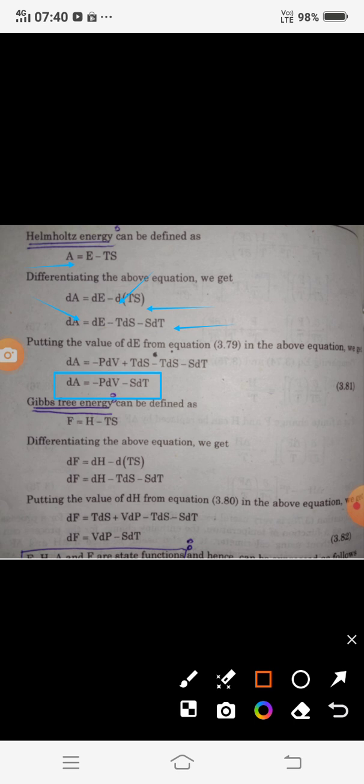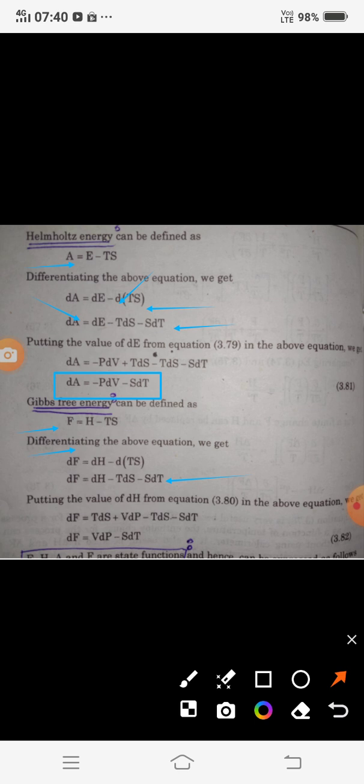When we talk about the Gibbs free energy, the formula is F equal to H minus TS, where Gibbs free energy is represented by F. H is the enthalpy, as you know, and minus TS is the factor where the entropy change depends upon the temperature. When we apply the differential on both sides, the method is the same.